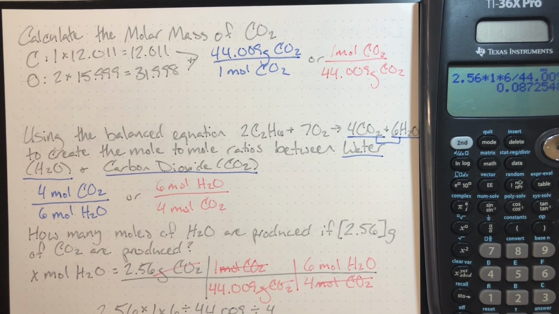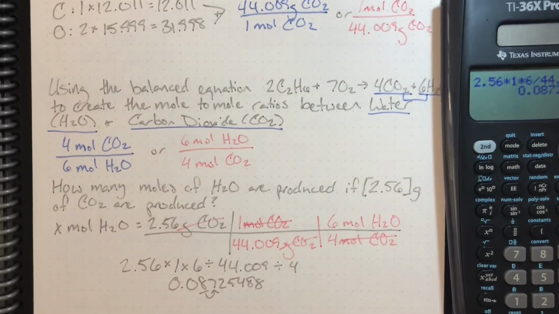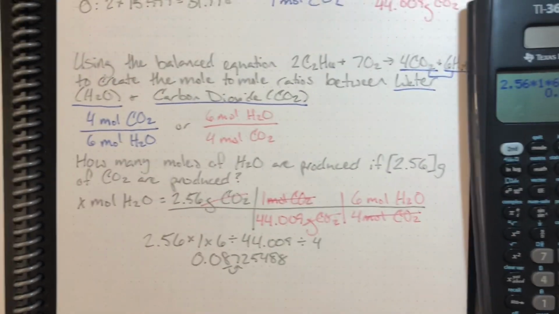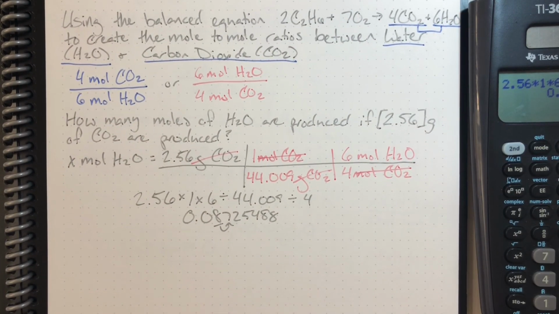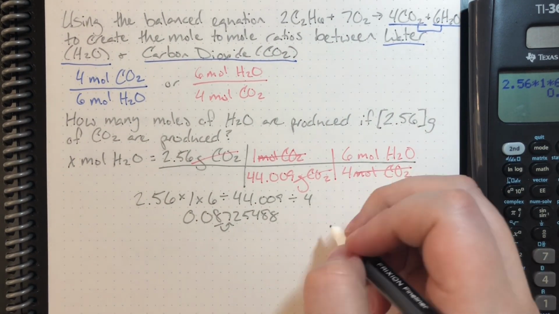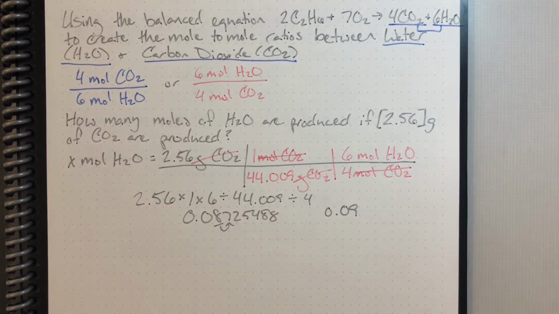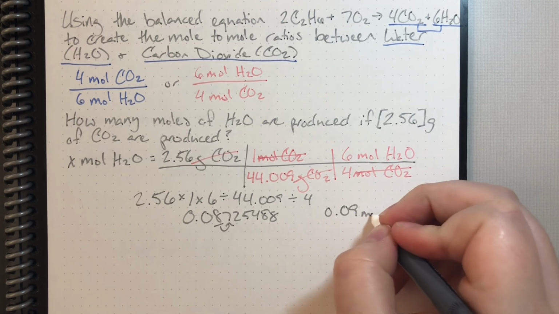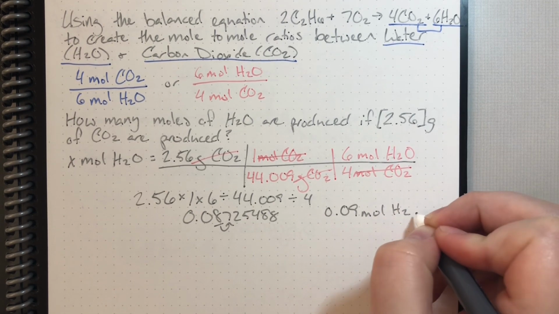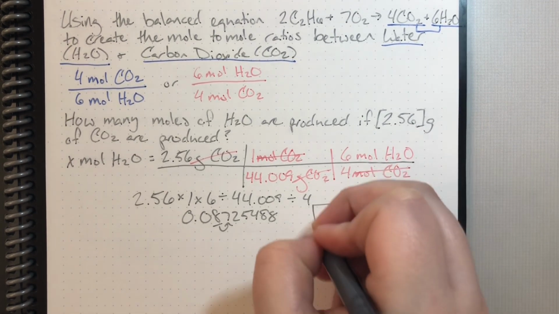I am asking for 2 decimal places, so 1, 2. Look over to see if you need to round up. 7 does in fact make you round up, turning that number into 0.09. Only English left in my math, moles of water as my final boxed answer.